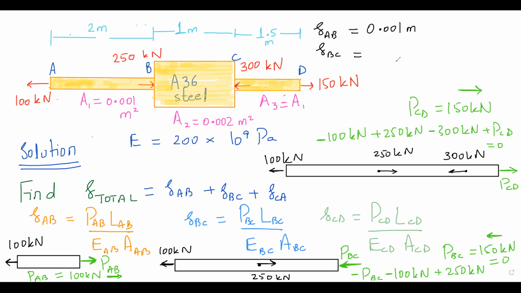Delta BC came out to be minus 375 times 10 to the power minus 6 meter, and delta CD comes out to be, anyone? 1.125 times 10 to the power minus 3 meter.